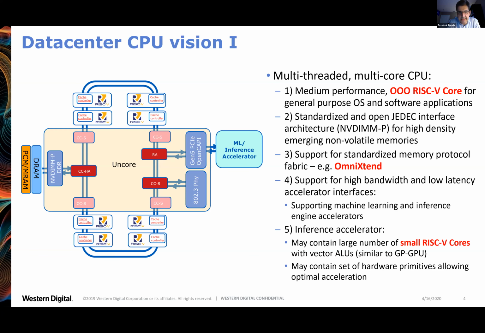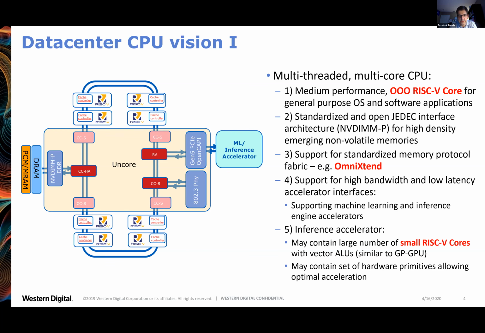And this is basically how OmniXtend came to be. We wanted to develop an open source implementation of the interfaces that can be used to bring memory and large amounts of persistent memory to the system. That was the primary motivation.